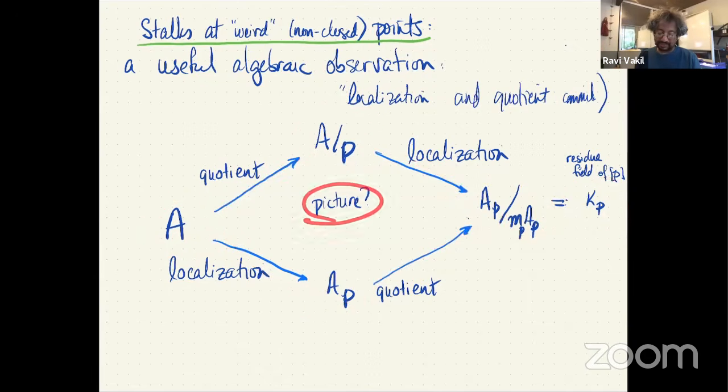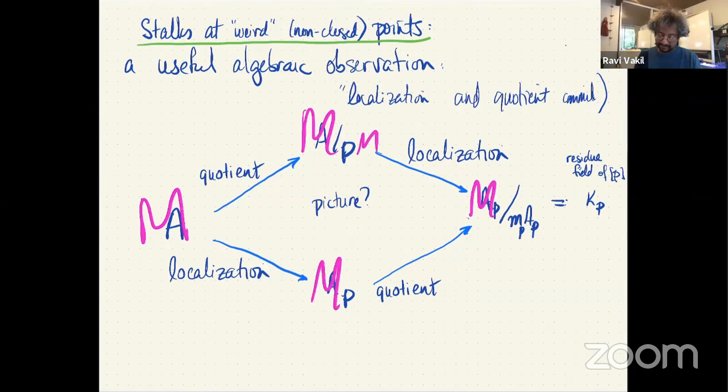And I'll let you think about the picture. But similarly, you could do the same thing with a module. You do the same thing with the module, without any change. The main point is that for quotienting and localizing, you can do it in either order, so you do whatever is easiest in this situation.